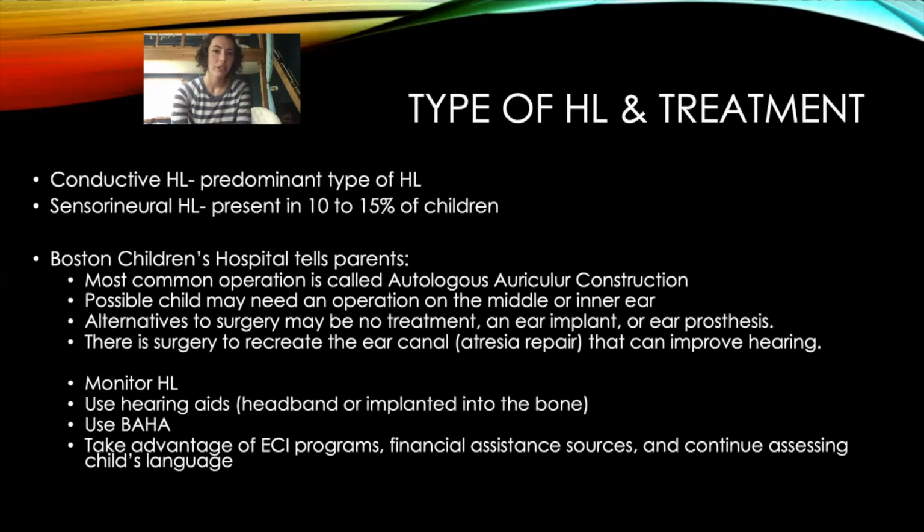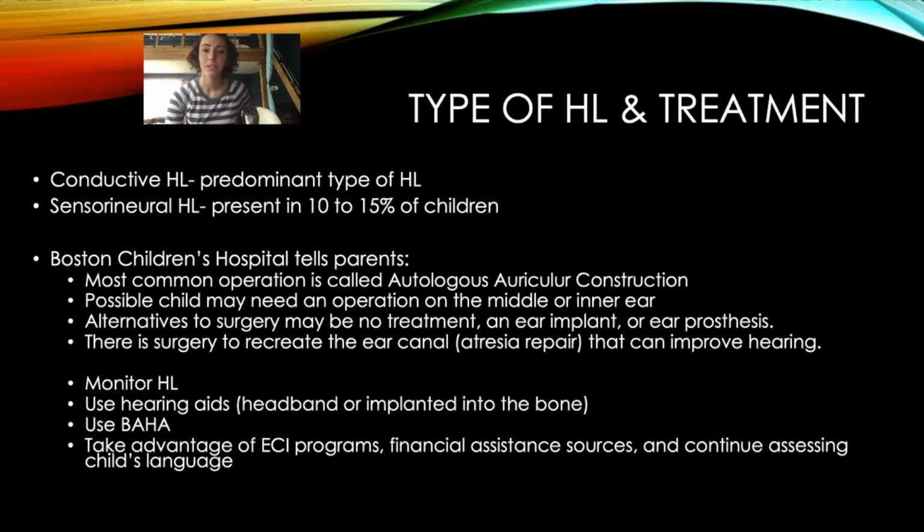Autologous construction usually requires 3 different procedures in total, depending on the type and the severity of the child's microtia. So procedures are scheduled 6 months apart to allow time for the child to heal. So the first procedure, the surgeons will remove some cartilage from the rib cage to build a new ear.